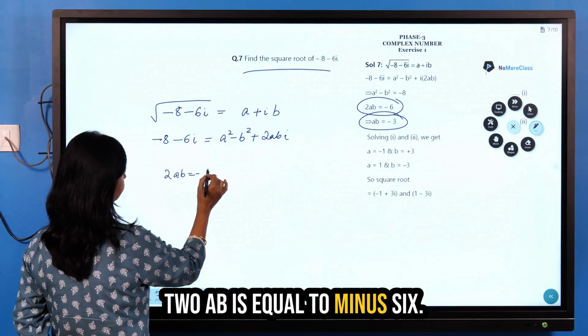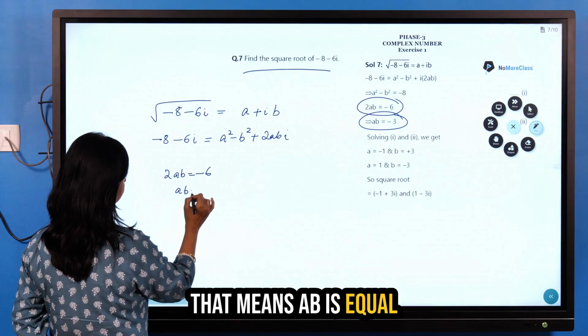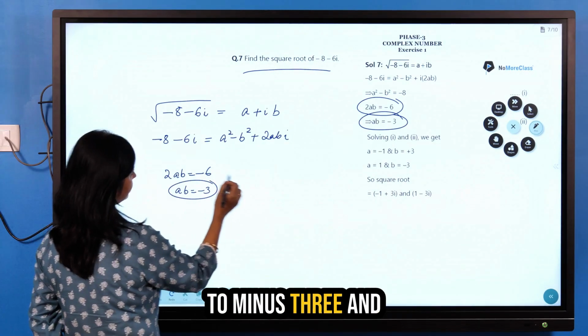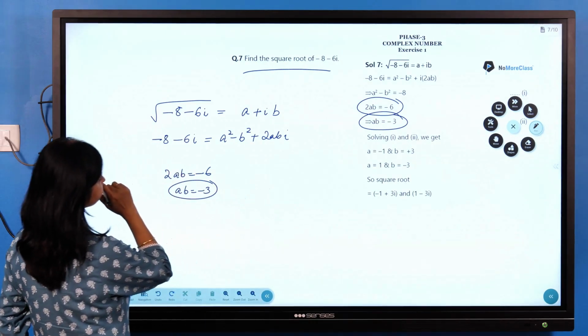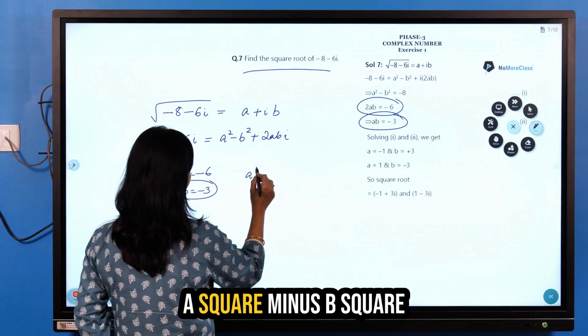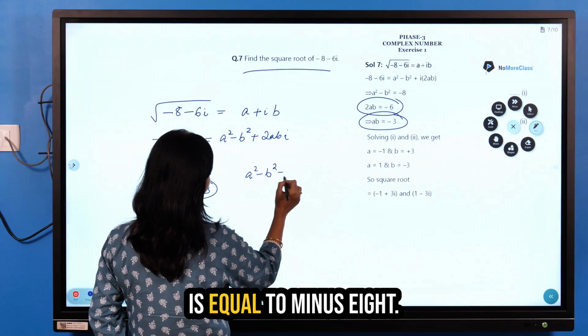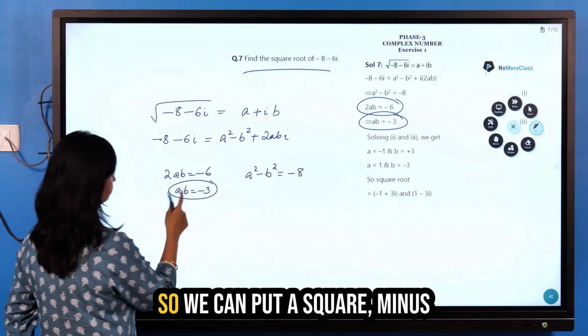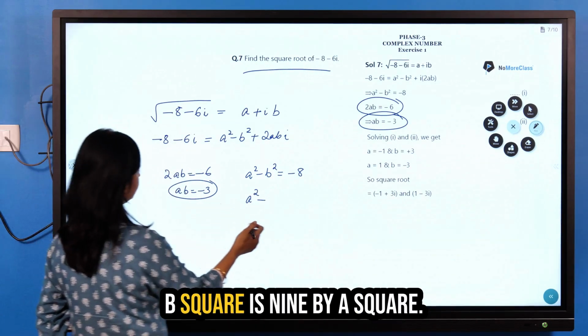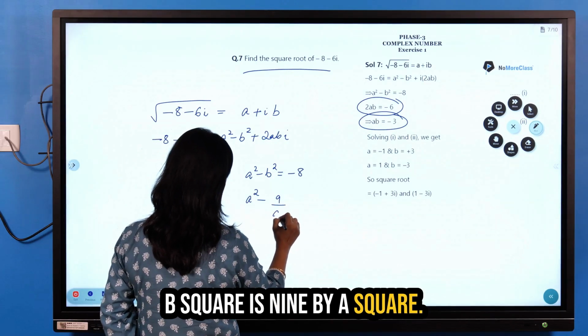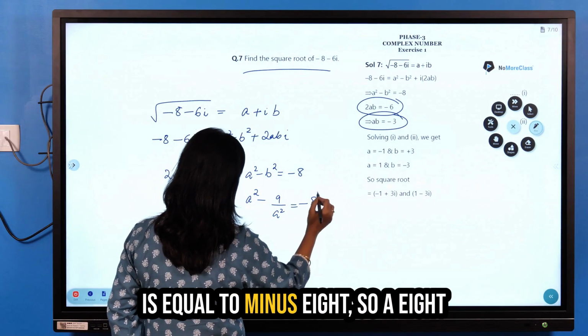2ab is equal to -6, that means ab is equal to -3, and a square minus b square is equal to -8. So we put b as 3 by a: a square minus 9 by a square is equal to -8.